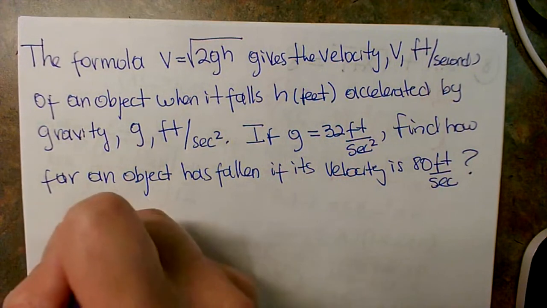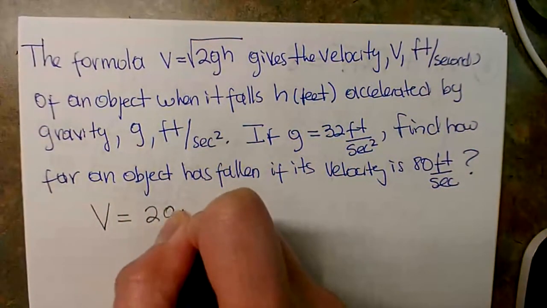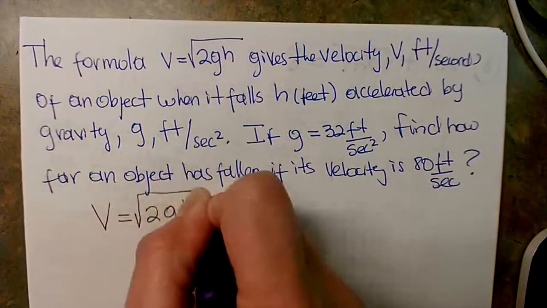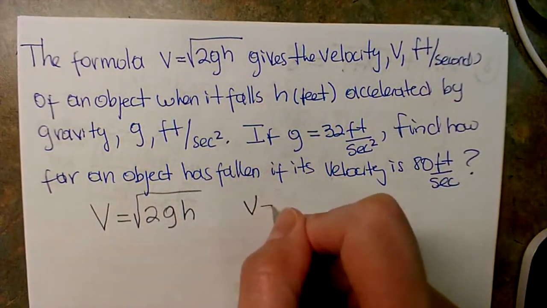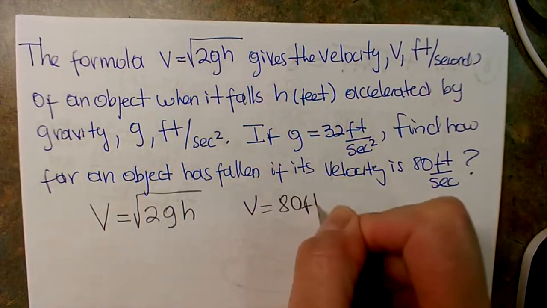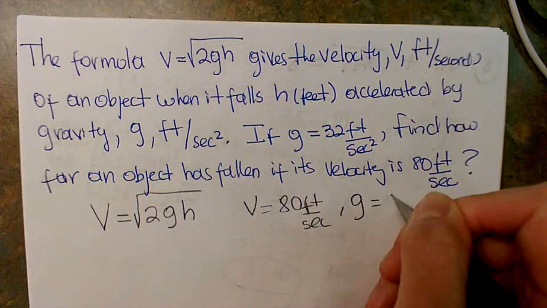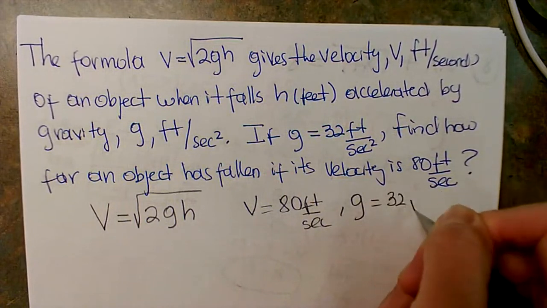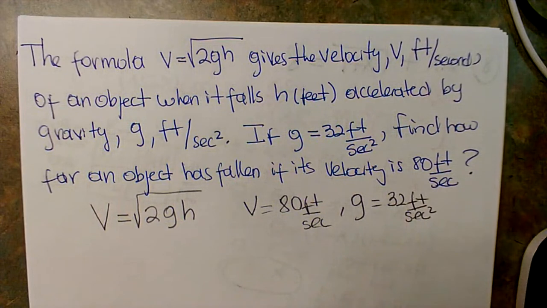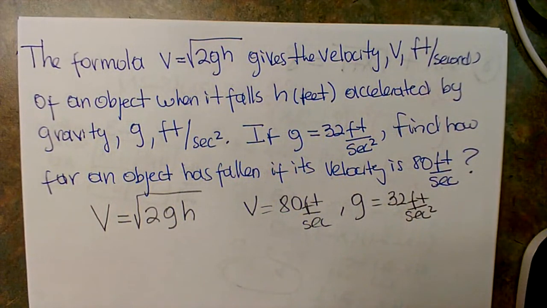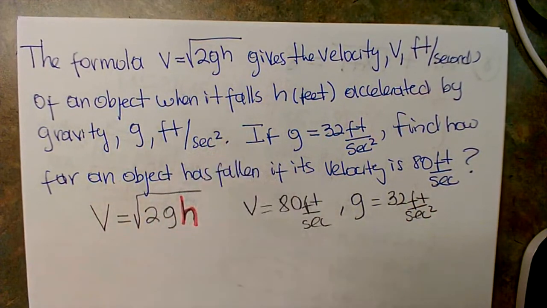So they're giving me the formula. Velocity is equal to 2 times the gravity times the height, square root of that, right? They are giving me the velocity, which is 80 feet per second. And they're giving me the gravity. But what do I need to find? I need to find the height.